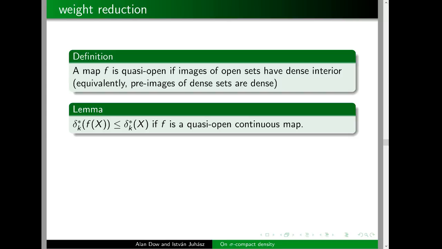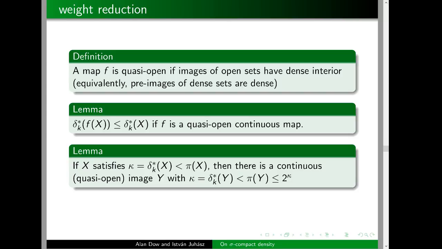Take a dense subset of f of x, pull it back, it's a dense subset of x. Being a dense subset of x, it has a family of compact subsets whose union is dense. Send those forward, that's a family of compact subsets, and the image of a dense set is dense. So okay, that's useful. So the quasi-open continuous image will shrink the compact density.